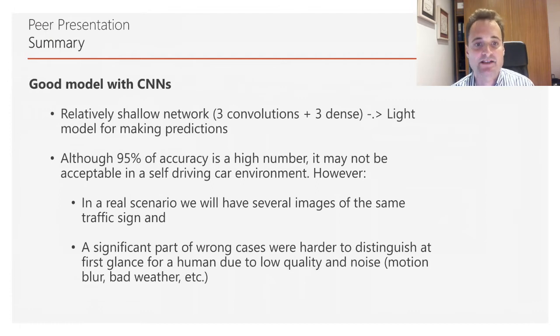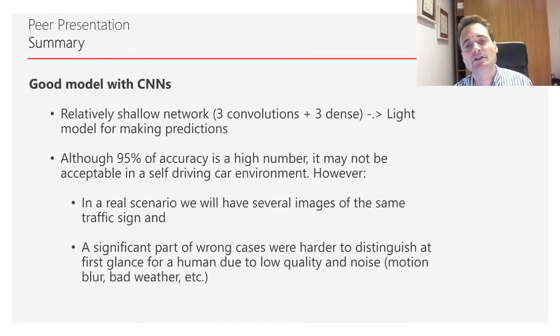Now, to summarize, I think I set up a decent model. As expected, the convolutional neural network works best in this image recognition task. We can consider 95% accuracy a good result, as a significant part of the wrong predictions do not have good quality and even in some cases are harder for a human to distinguish at first glance. So I see this part of the project as concluded.